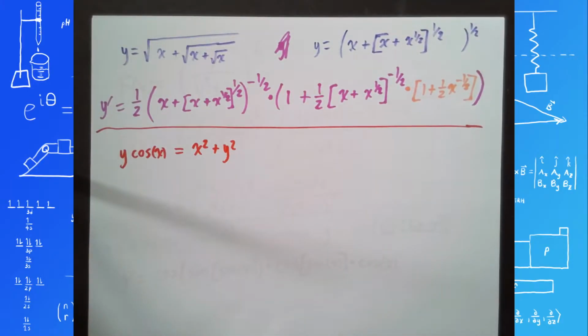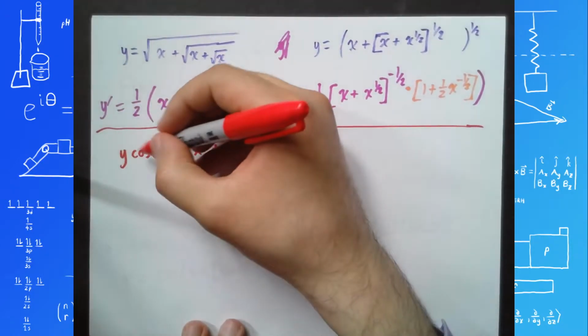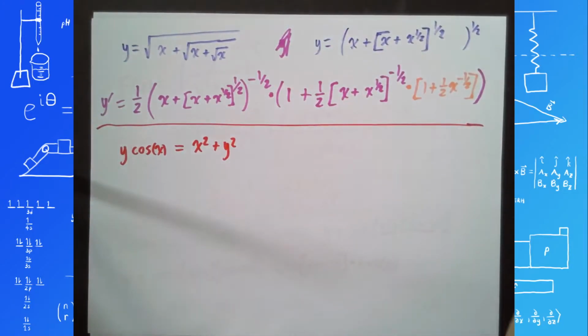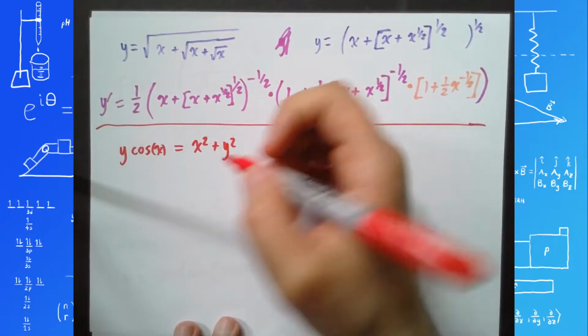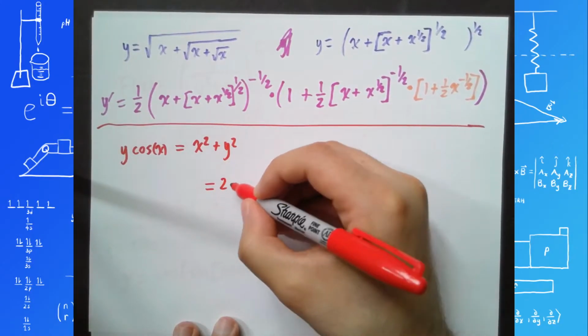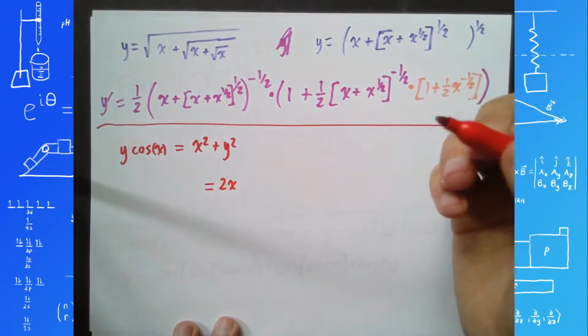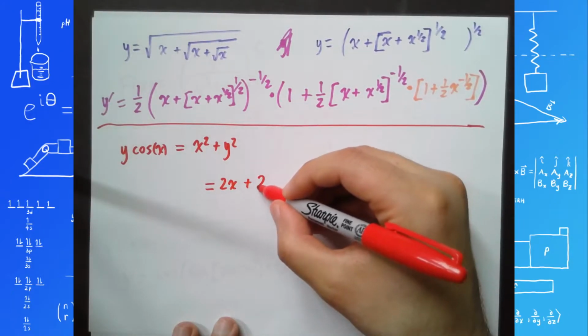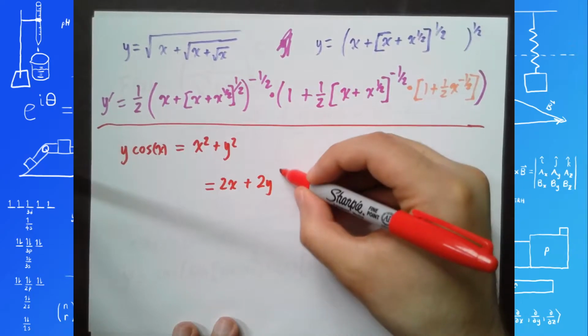Okay, so to differentiate this implicitly, we've got a product rule over here, y times cosine of x, and over here is just ordinary differentiation. I think I'll do the right-hand side first since it's easier. Derivative of x squared with respect to x is 2x. Derivative of y squared with respect to x is 2y times dy dx.